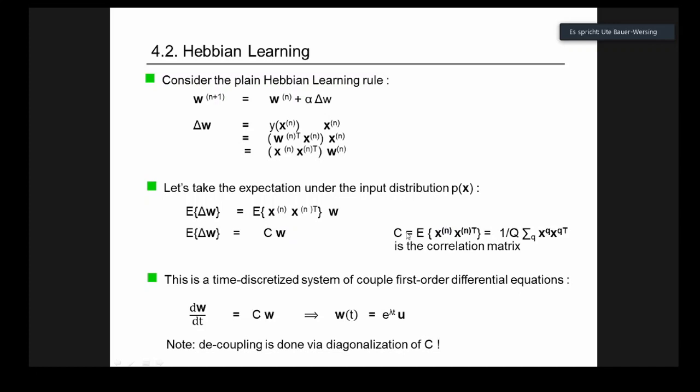This matrix C is the expectation value over all the input patterns, because X is one of the patterns, and in each learning step we choose another pattern. So this is the expectation value of the training data times its transpose.